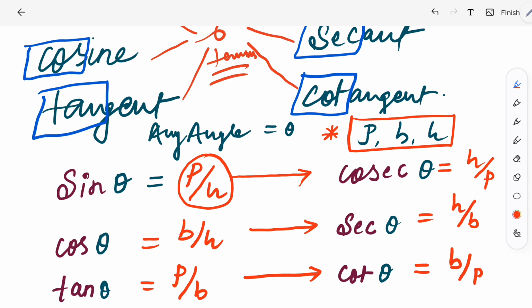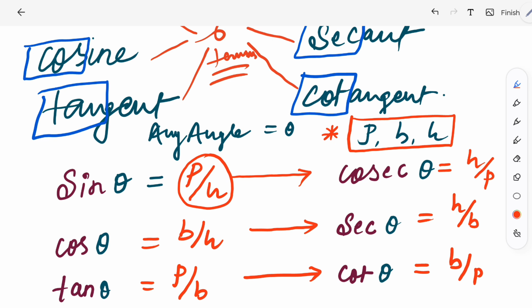theta. Sine theta, cos theta, tan theta, cosec theta, sec theta, cot theta. These all are the important 6 terms of the trigonometry. And what is the meaning of sine theta? Sine theta means P by H. Cos theta means B by H. Tan theta means P by B. And just reverse the ratio of these sides, you will get the other remaining 3 important terms.